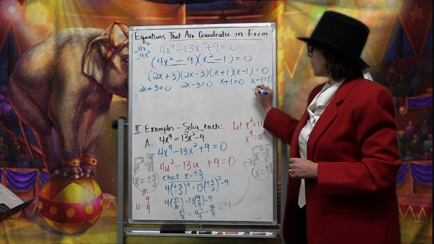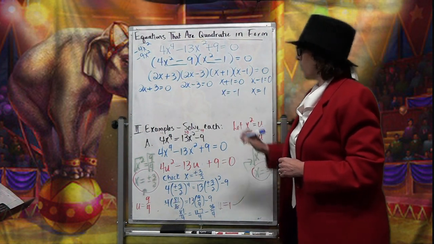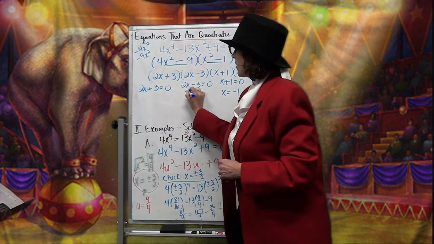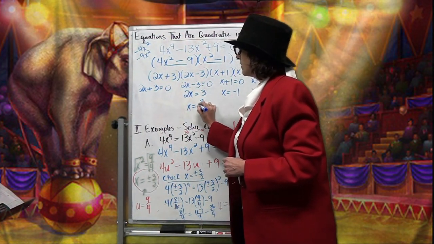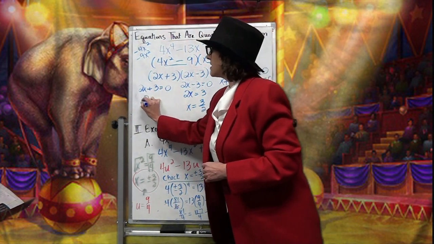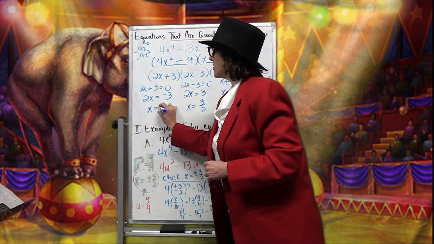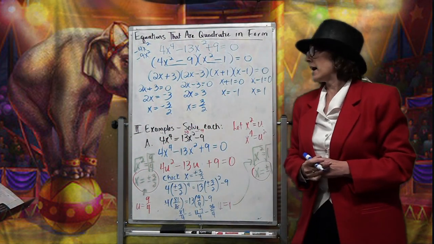Now if this is the 0, x is 1. If this is the 0, x is negative 1. But look, that's what we had here, plus or minus 1. If this is the 0, I'm going to add 3 and divide by 2. If this is the 0, I'm going to subtract 3 and divide by 2. Here again, getting plus or minus 3/2.